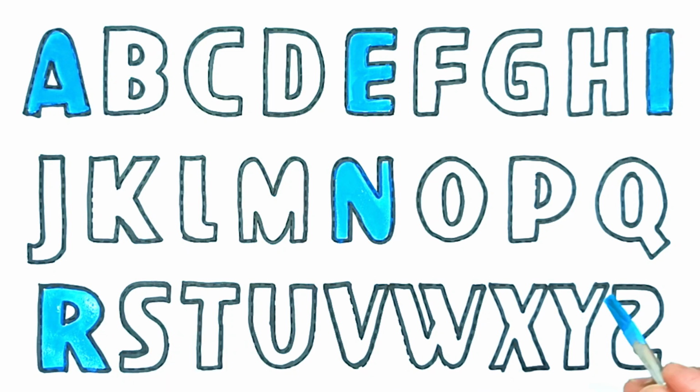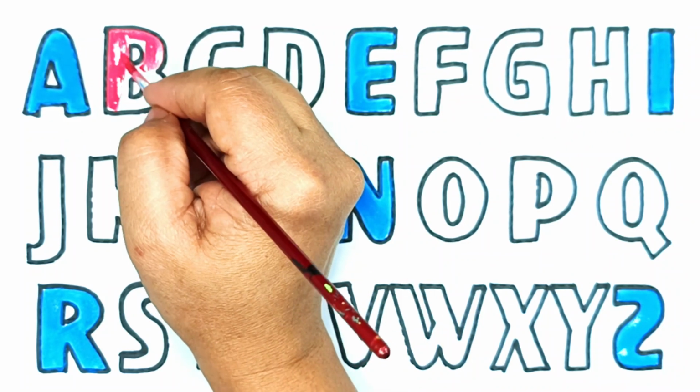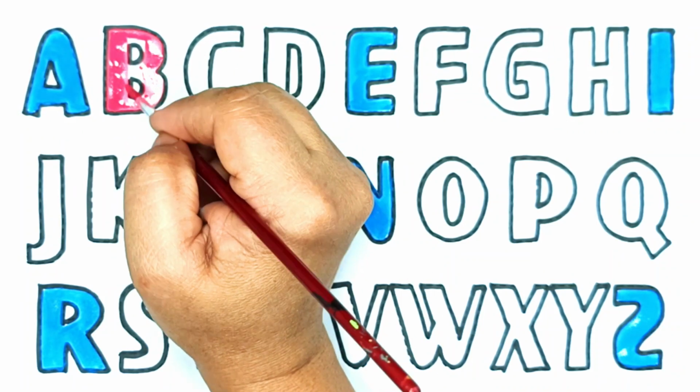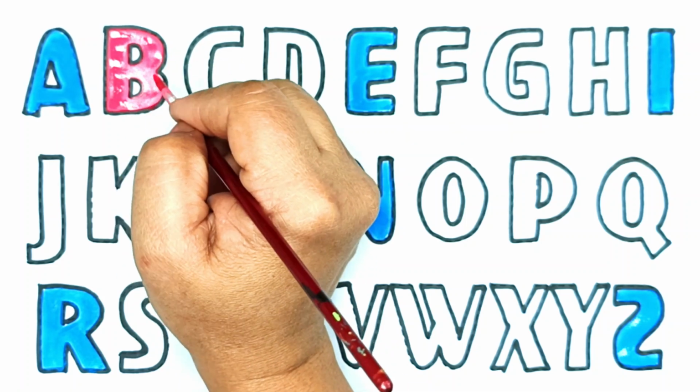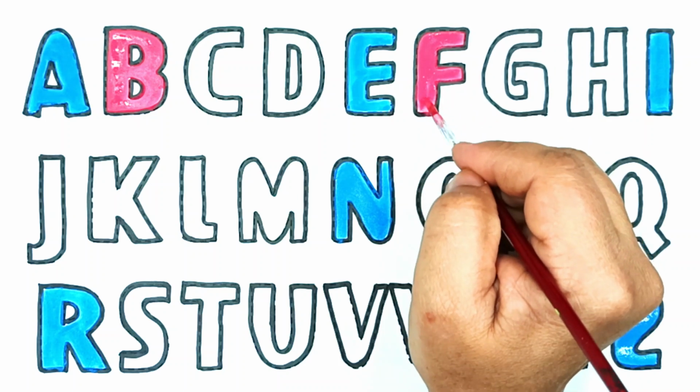R for ring. C for zebra. B for ball. F for frog.